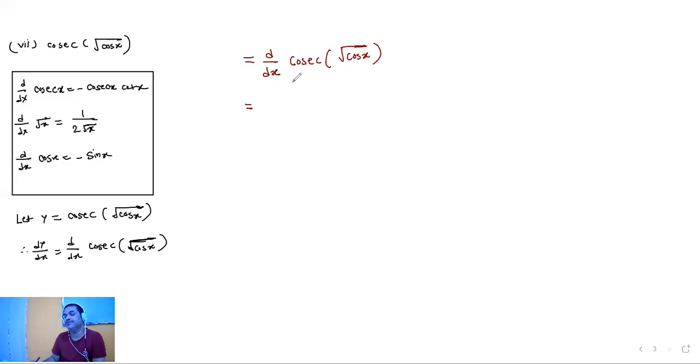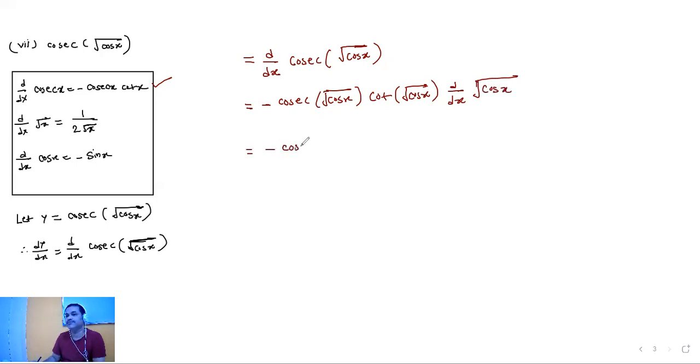So we have just seen the derivative of cosec x in this formula, that is minus cosec of x cot of x. So here in this case, that is root of cos of x into cot of root of cos of x, and then we'll take the derivative d by dx of root of cos of x. So that is equal to minus cosec of root of cos of x into cot of root of cos of x.